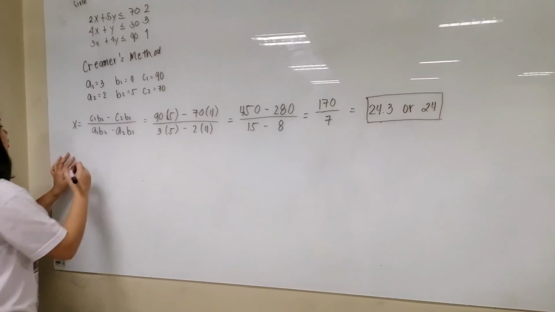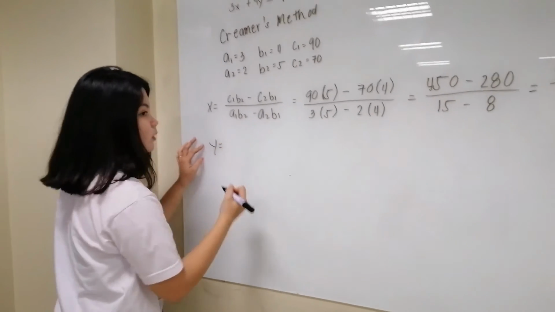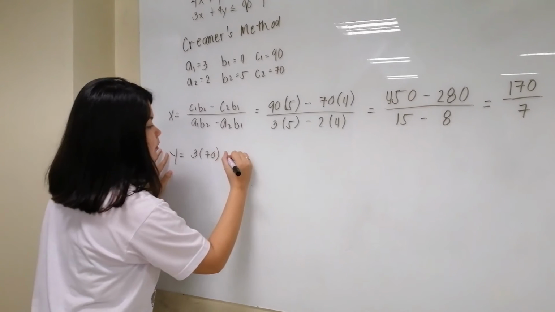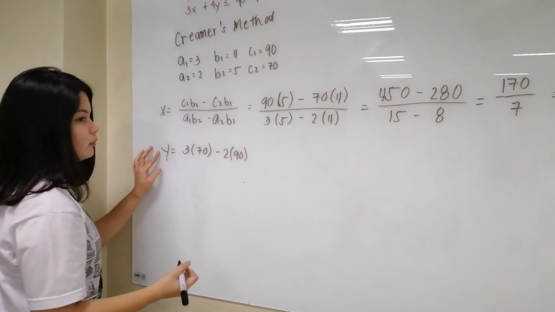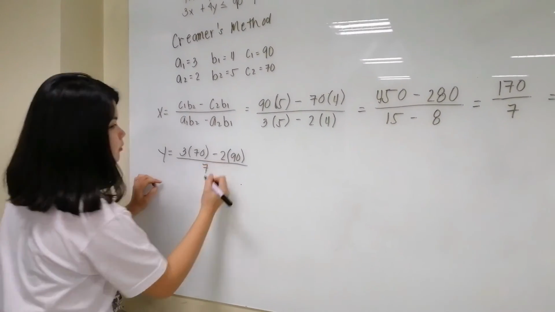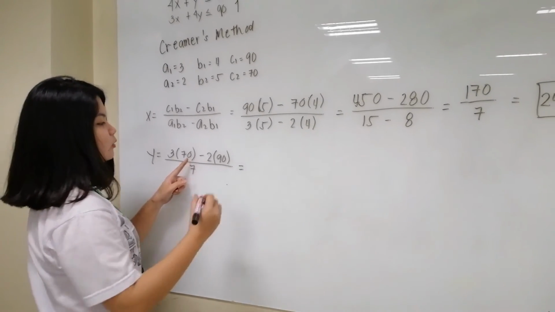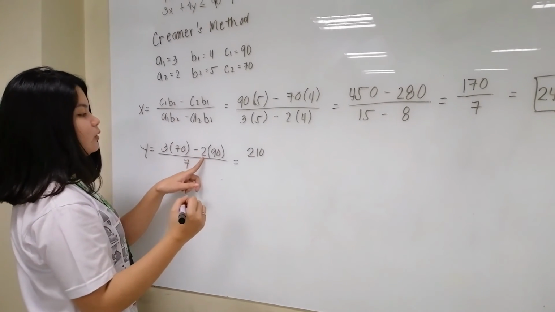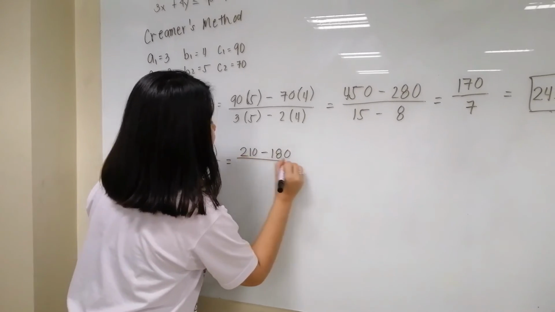So next, we will be solving for y. 3 times 70 minus 2 times 90, over 7. 3 times 70 is equal to 210, minus 2 times 90 equals 180, over 7.